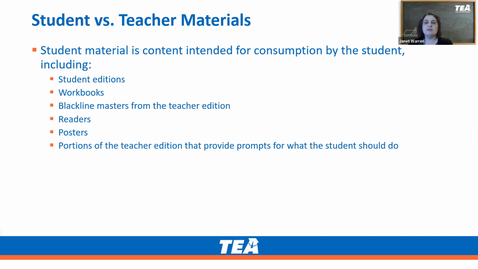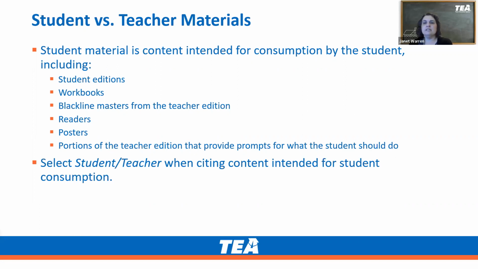Publishers are required to demonstrate alignment in both student and teacher materials. Student material is content intended for consumption by the student. Examples could be the student edition, workbooks, Blackline Masters from the teacher edition, assessments, readers, posters, and portions of the teacher edition that provide prompts of what the student should do.